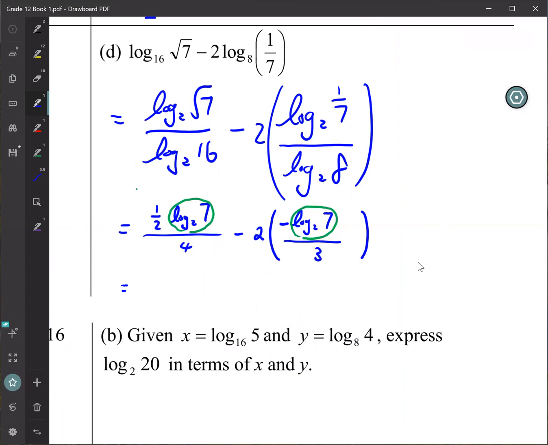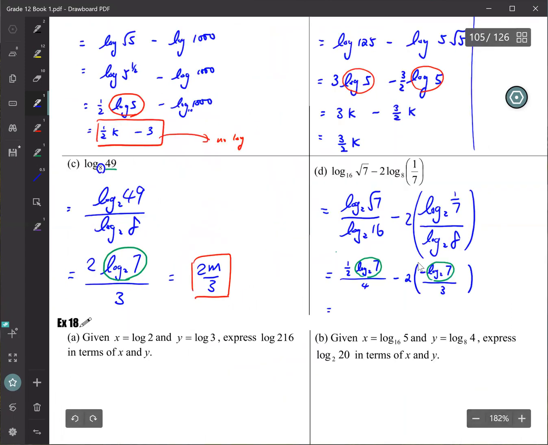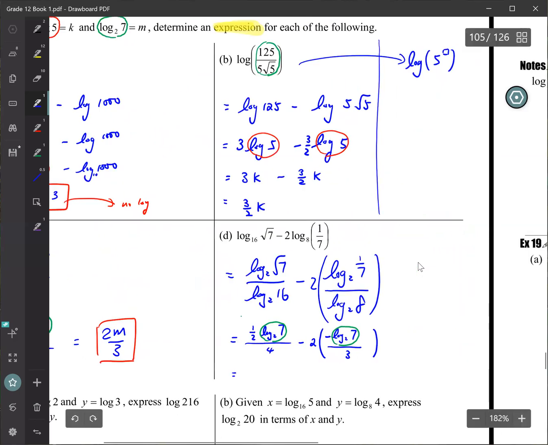Your answer will have something in it, just like question C. Question C has 2m over 3, and like question B, something k. This one is something times m.